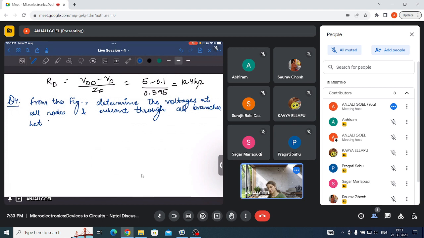Let Vt be equal to 1 volt and Kn dash W by L be equal to 1 milliampere per volt square.